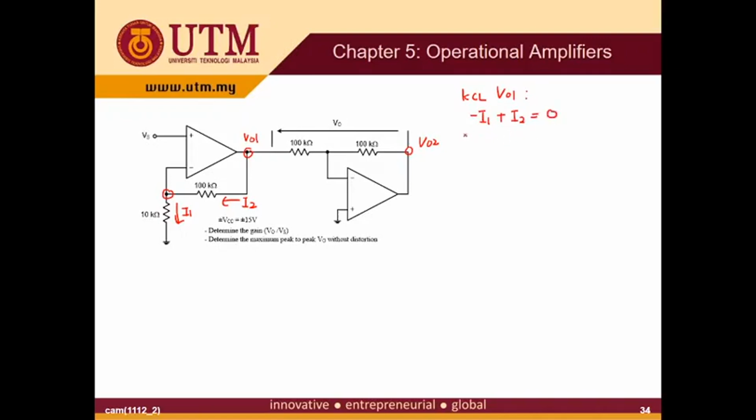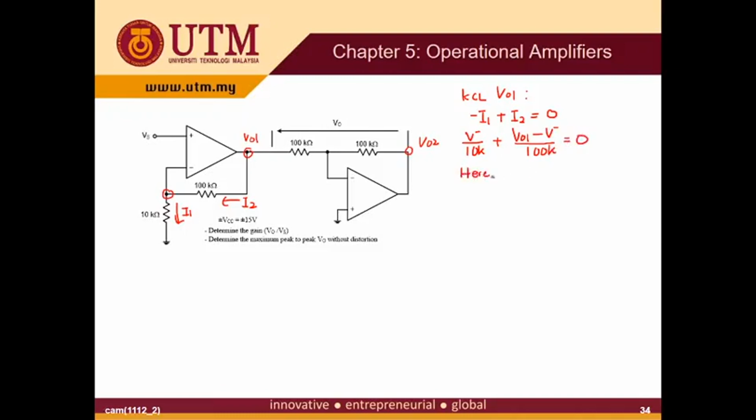I1 is V minus over 10K, plus I2, which is V out 1 minus V minus over 100K, is equal to 0.